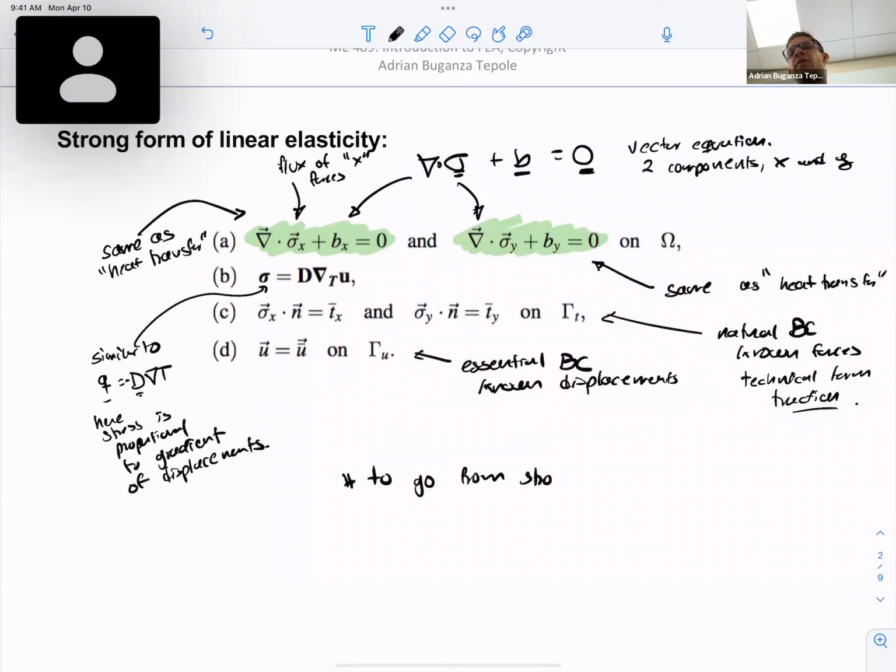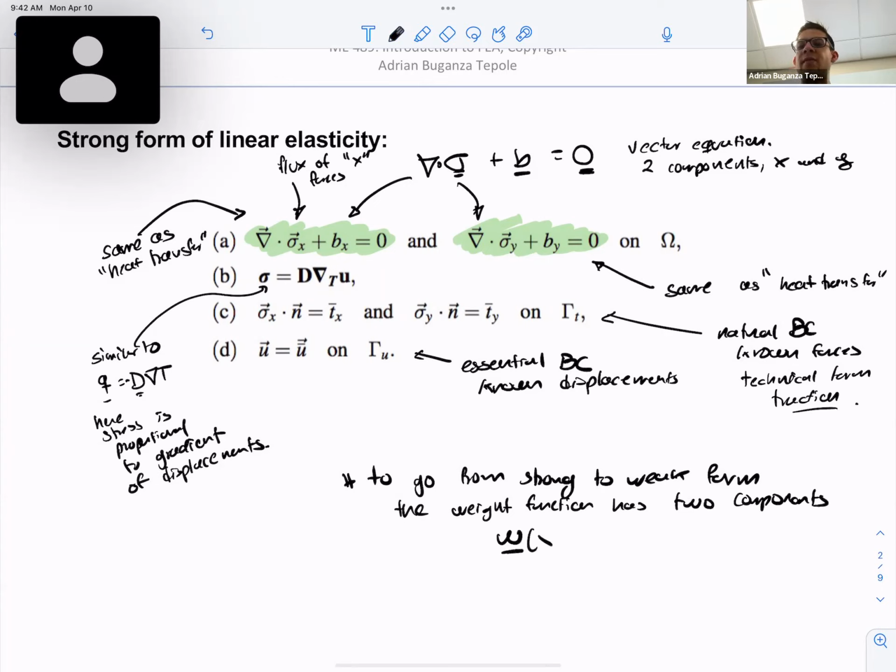Note that the weight functions here, I'll just make that note, to go from strong to weak form, the weight function has two components, so it's a vector. So typically they will be defined like that, W bar.